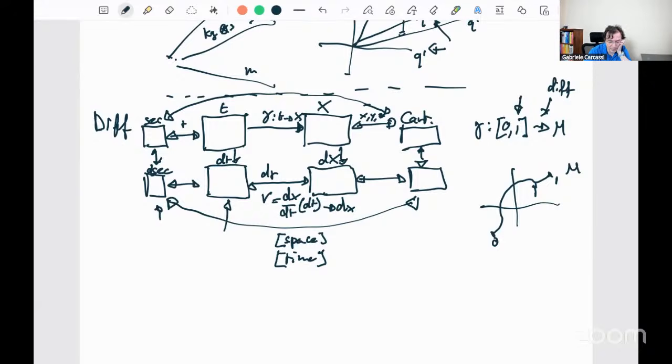But I could make a change on the parameterization such that the map is not differentiable, but I haven't changed the points of the curve. So if I just say, this is my manifold and this is my curve, and I ask you, is it differentiable or not?